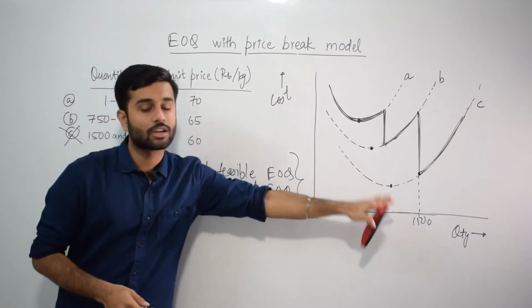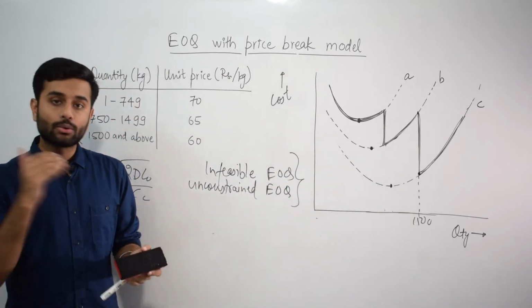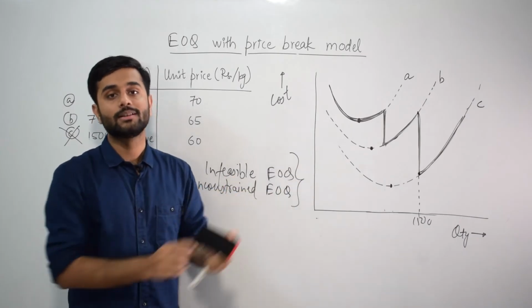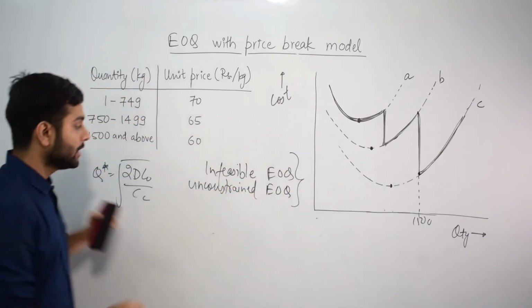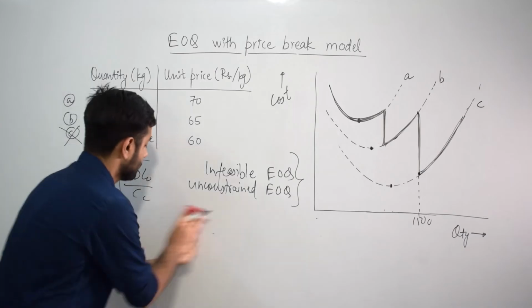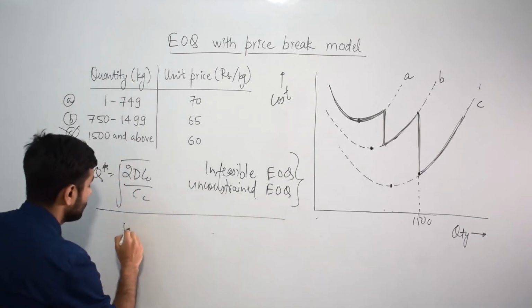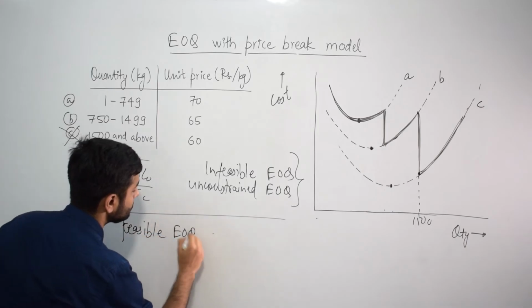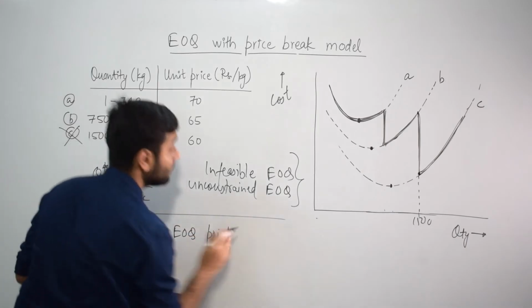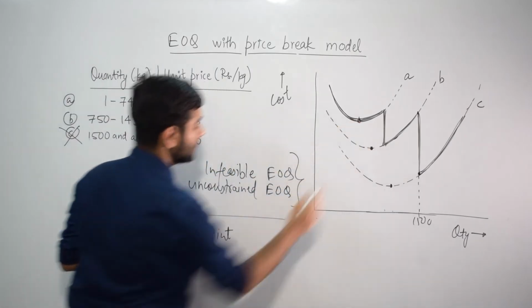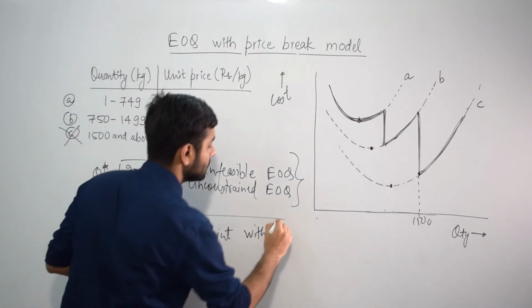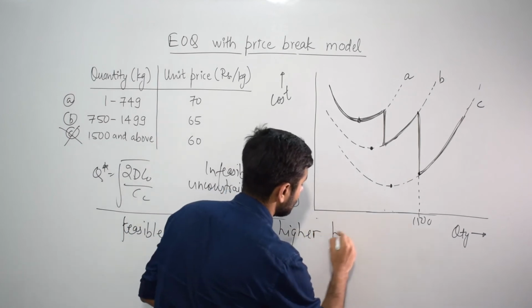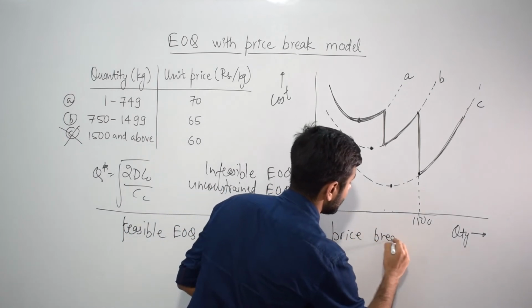Obviously, in this case, it is not coming out to be minimum. You need to compare this EOQ with some other points. But what should be those other points? That you need to understand now. You need to compare any feasible EOQ point, like this one, with higher price break points.